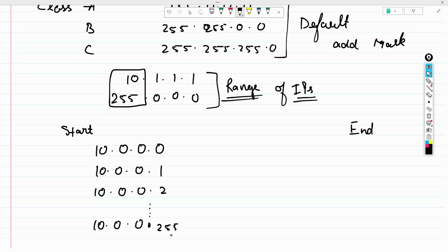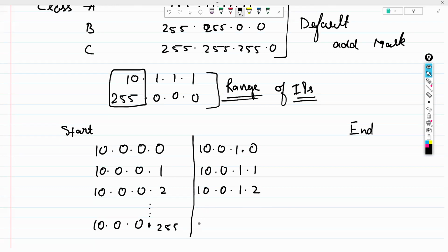So after 255, you can only have numbers from 0 to 255, right? So after 255, it will go to the next octet, where it will be 10.0.1.0. Then next would be 10.0.1.1, 10.0.1.2.